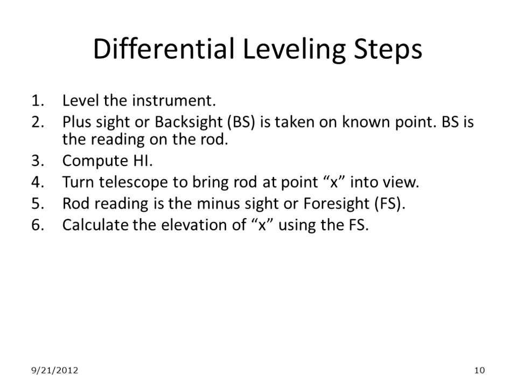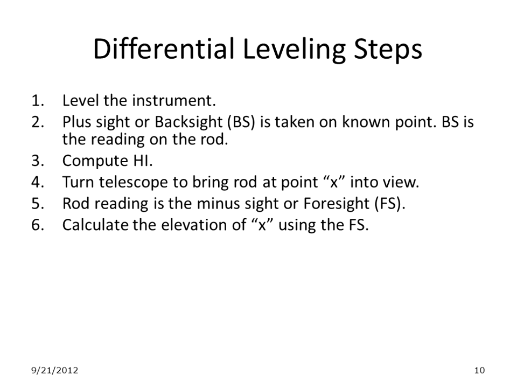So the steps to doing this, simply put, first you must level the instrument. We spent quite a bit of time during the last lab practicing how to level the instrument. You're going to take a plus sight or a back sight on your known point. That back sight is the reading on the rod. You then compute the height of your instrument.